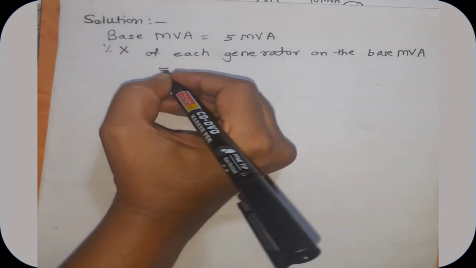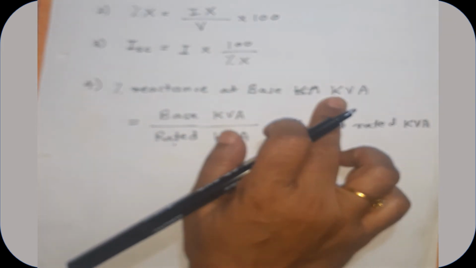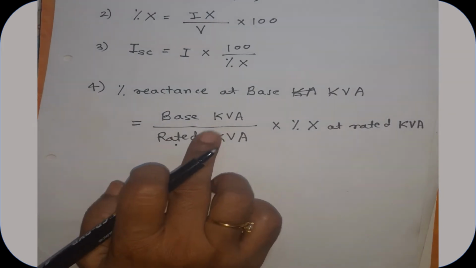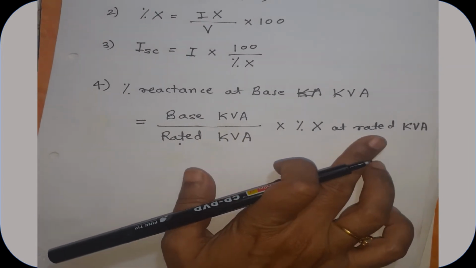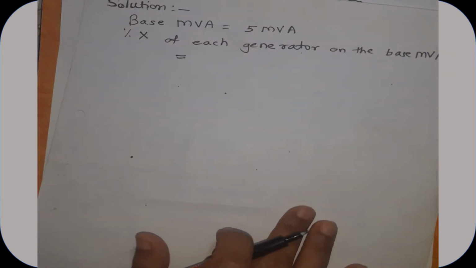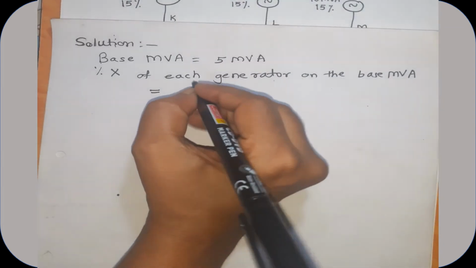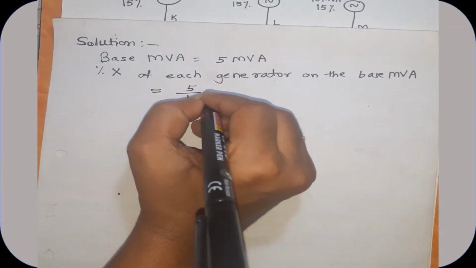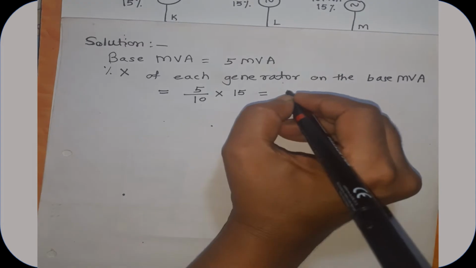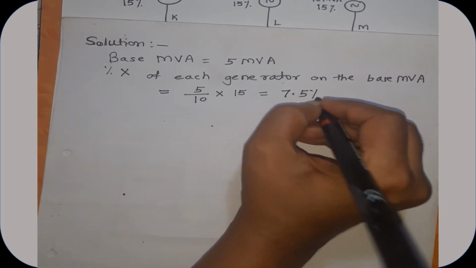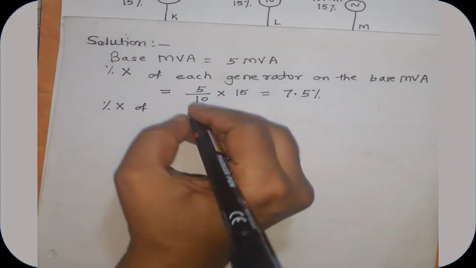The formula for calculating percentage reactance at base kVA or base MVA is base kVA upon rated kVA into percentage X at rated kVA. Applying this formula, you get base MVA divided by rated MVA into percentage reactance at rated MVA. It is 7.5%.